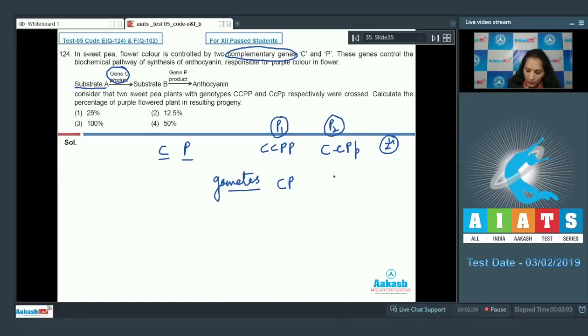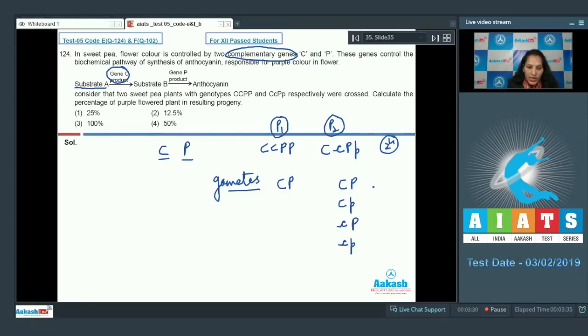So parent 2 will produce 4 types of gametes: capital C, capital P; capital C, small p; small c, capital P; and small c, small p. So these are the gametes produced by parent 1 and 2 respectively.